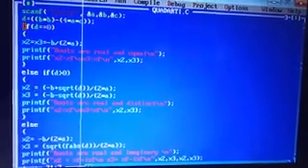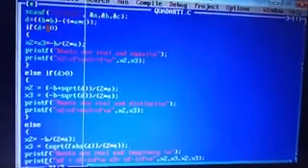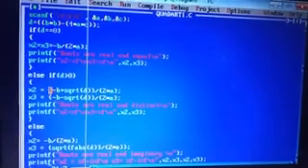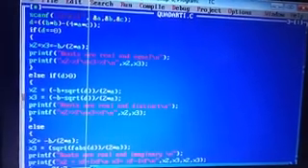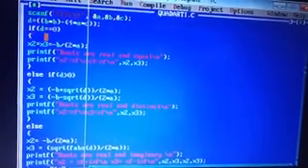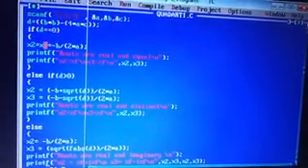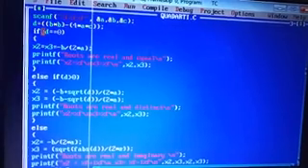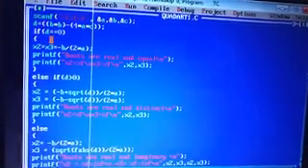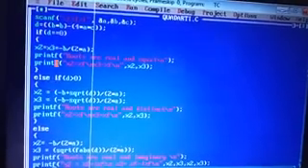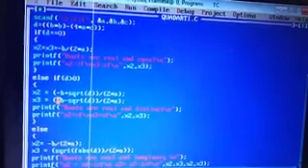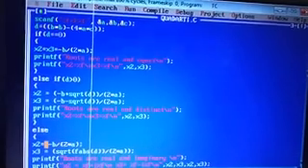If my first condition is wrong and the second condition is also wrong, then it will check for the third condition. If my first condition is true, then it will execute the first statement. If it becomes wrong, then it will check the else if condition. If both conditions become wrong, then the else part will be executed.